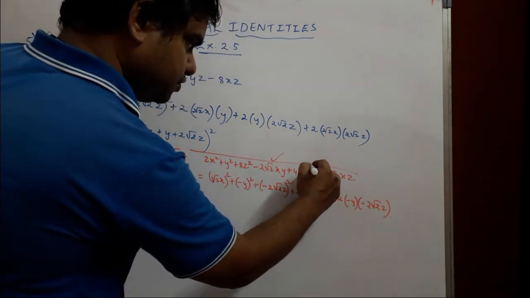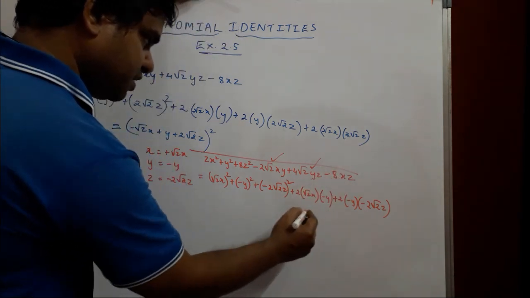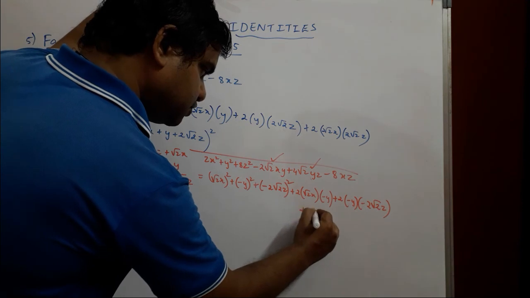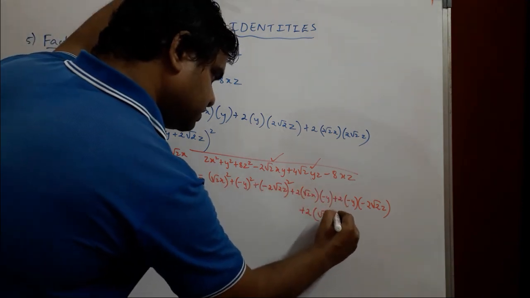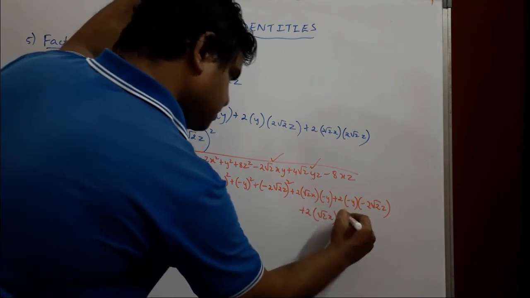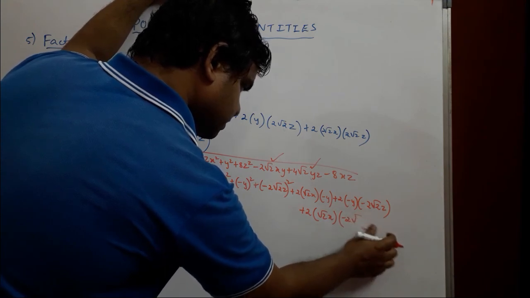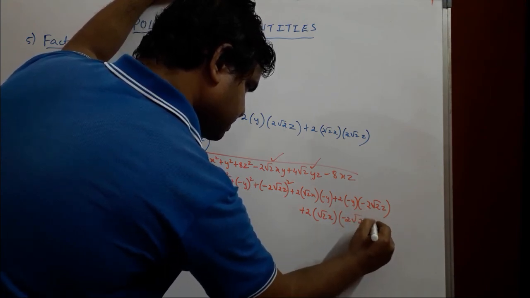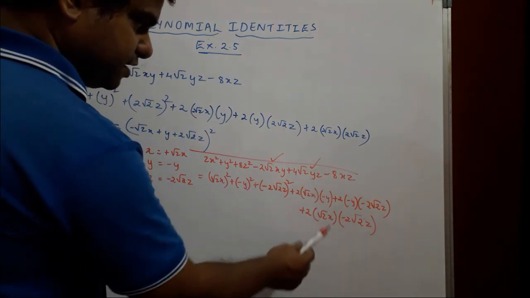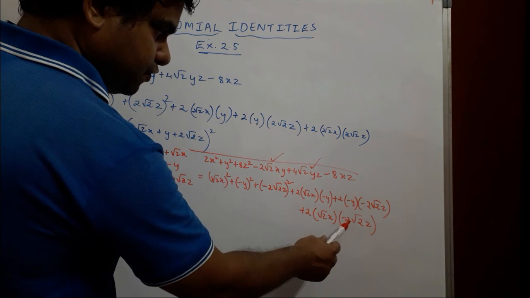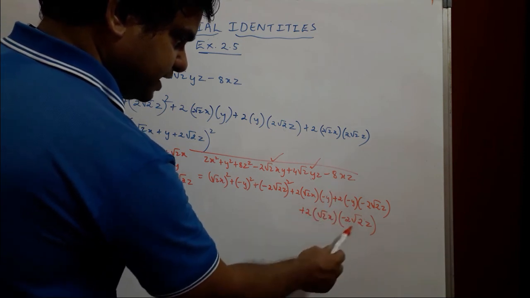So we get 4 root 2 yz. And the last one is plus 2 into x, which is positive root 2x, z is minus 2 root 2 z. So because of the negative sign we will get a negative sign here, and this will be 4 into 2 is 8xz, minus 8xz we get.